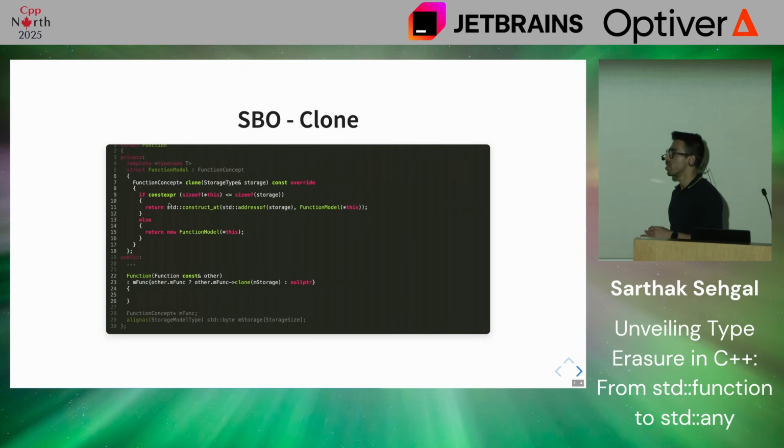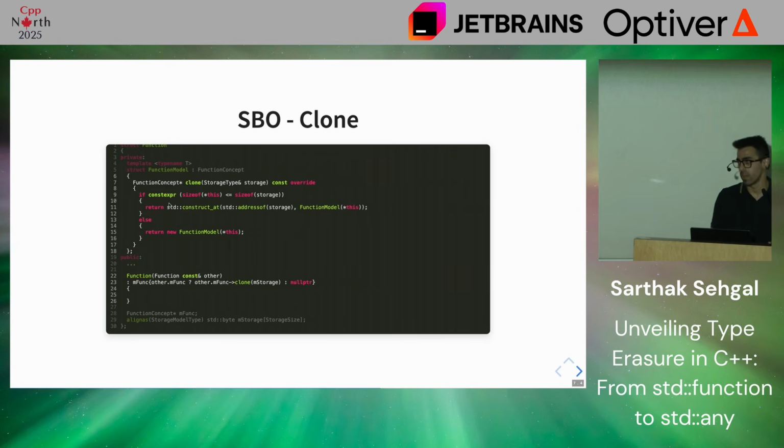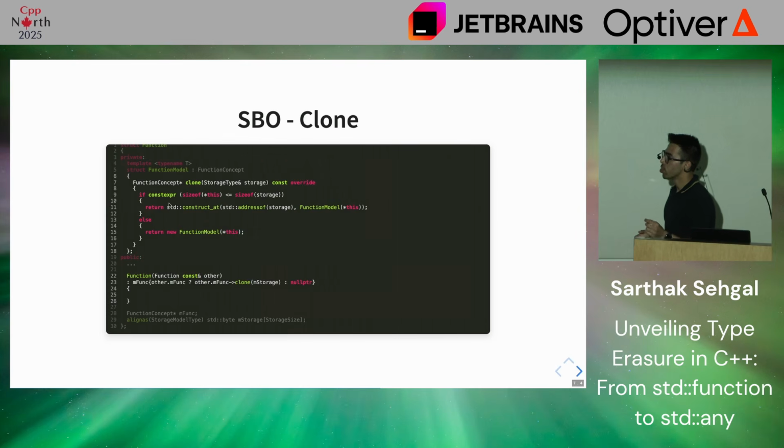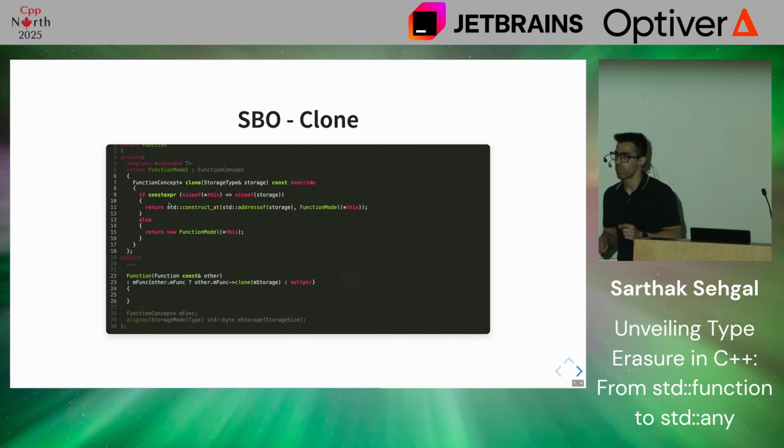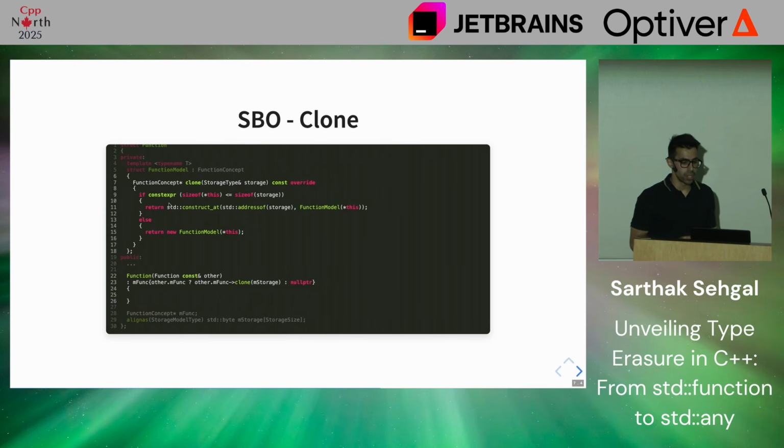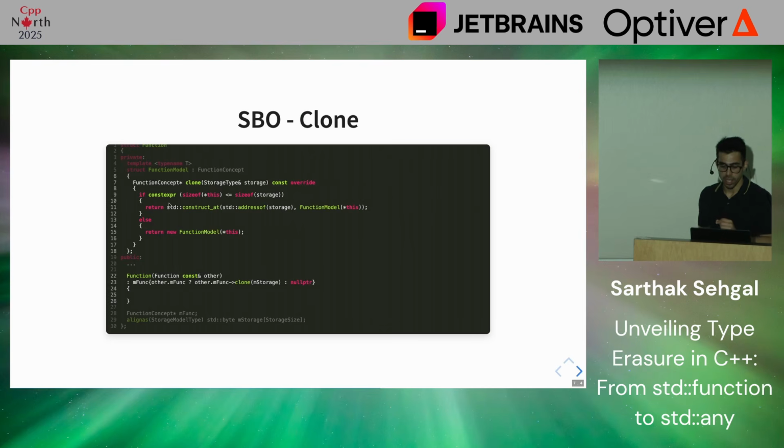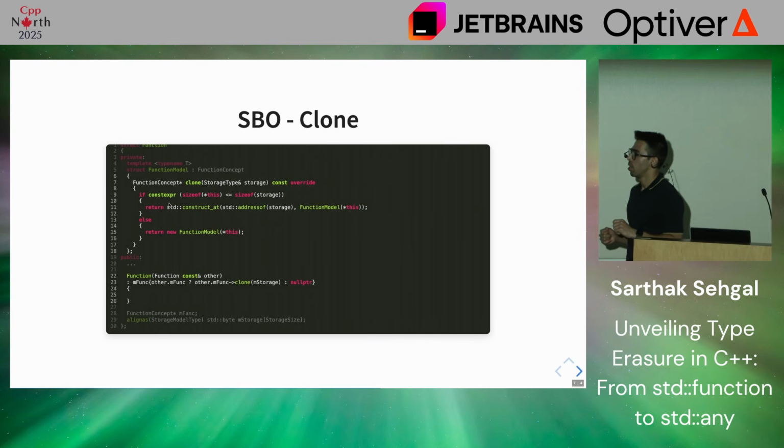The clone function now needs to do something a bit different. Previously, the clone function did not have any parameter, but now if the function that it's cloning was constructed on the stack, it needs to copy the function onto the storage address of the target function.